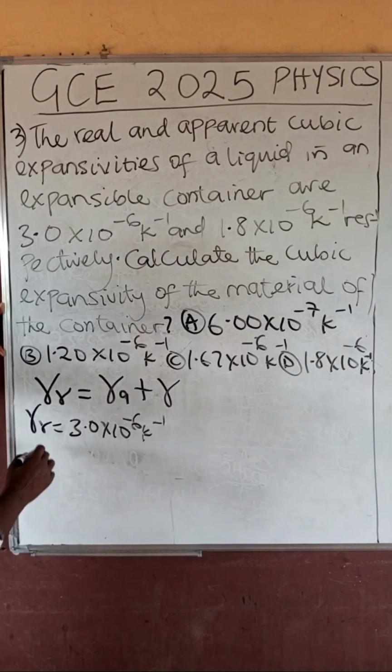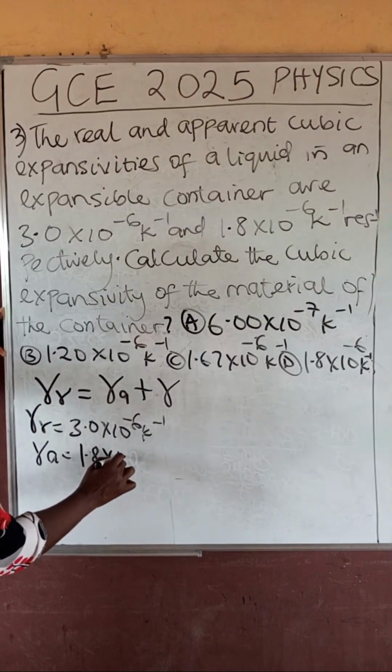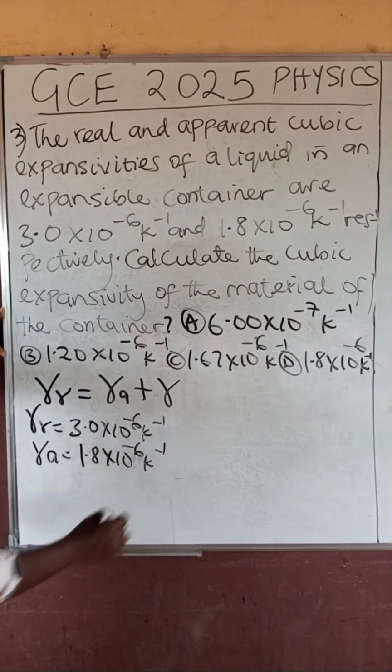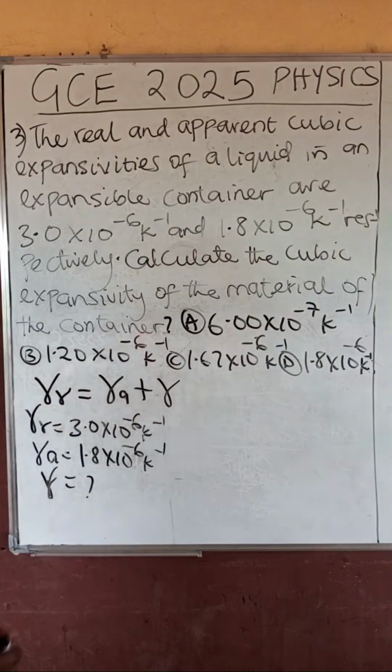Then the apparent cubic expansivity is 1.8 times 10 raised to power minus 6 per Kelvin. And we are looking for the expansivity of the container.